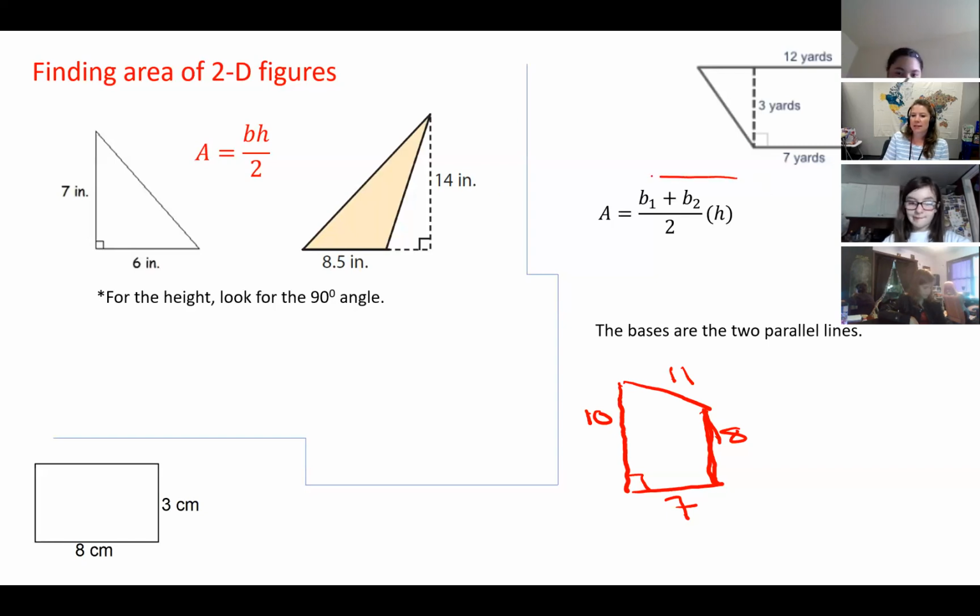Look at your formula, guys. You're adding your bases together. You're dividing by 2, and you're multiplying by the height. Remember, you're looking for that 90-degree angle for your height. Naomi, that's not right, sweetie. Oh my gosh, Allie, you're so close. You're so close, Allie.